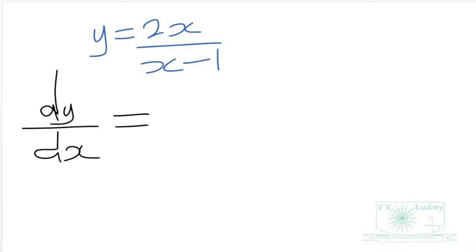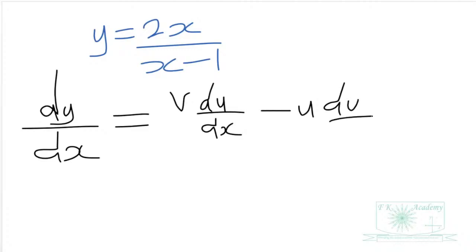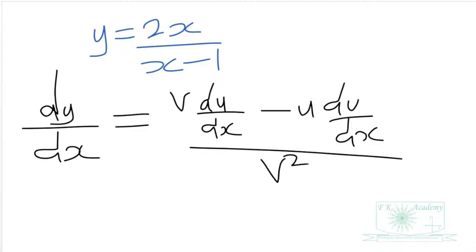So we are going to use the quotient rule over here: v du dx minus u dv dx all over v squared. That's the quotient rule. So our u is 2x.